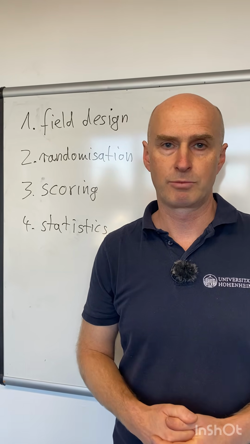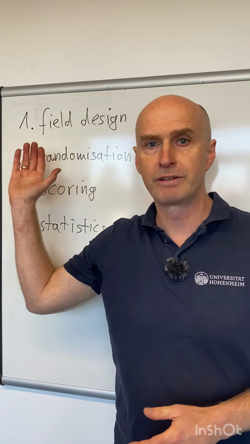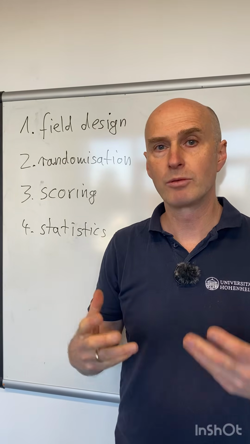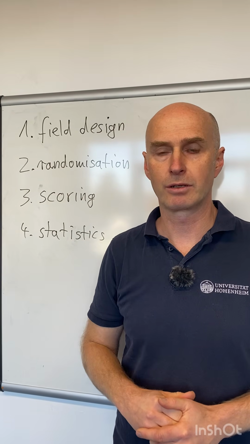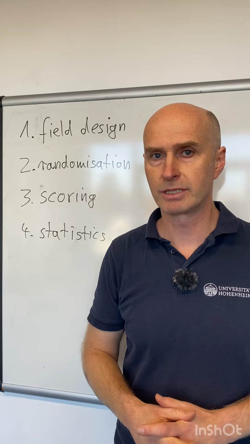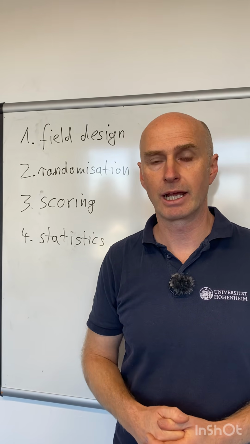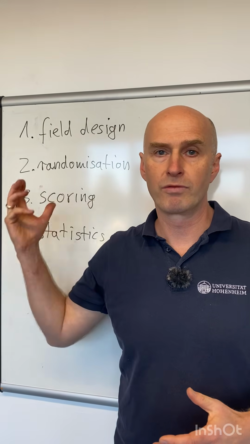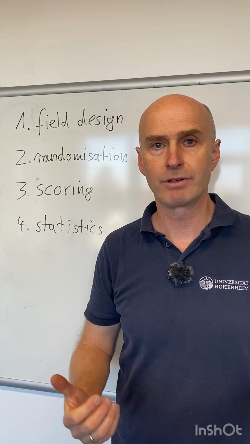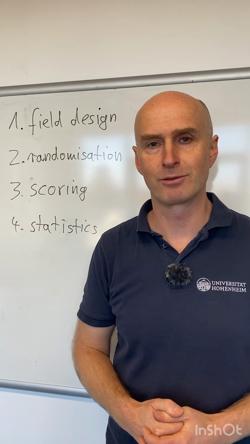To minimize these potential trial errors, we do a lot. We make special field designs and randomization of candidates across different locations. We score in the field when we see irregularities, and at the end we run statistical analysis trying to account for all that. It's evident: good field trials are the backbone of a successful breeder.